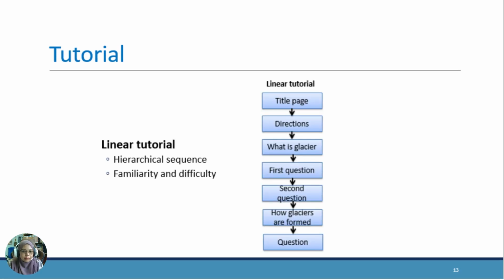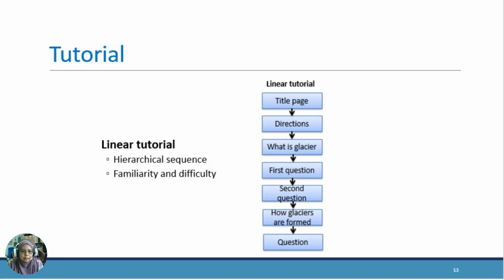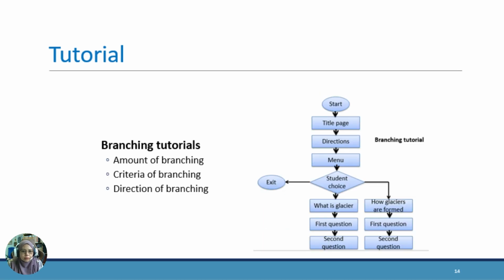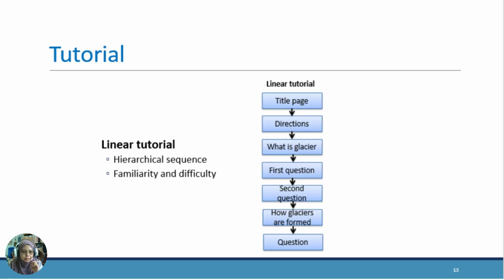Then in the tutorial we also have linear tutorial and branching tutorials. There are two: linear and branching. In a linear tutorial, we have to follow the sequence of the pages one by one.